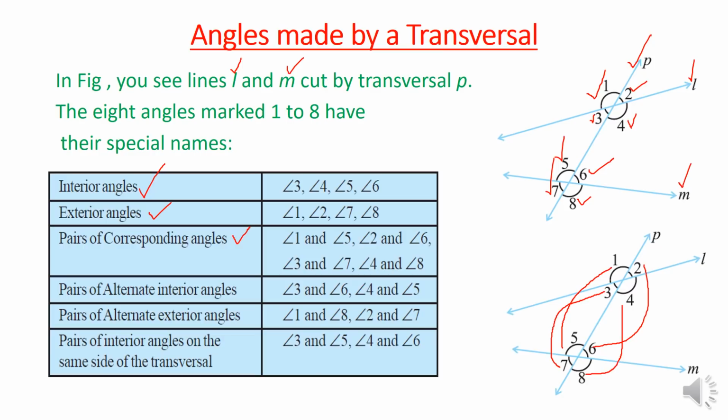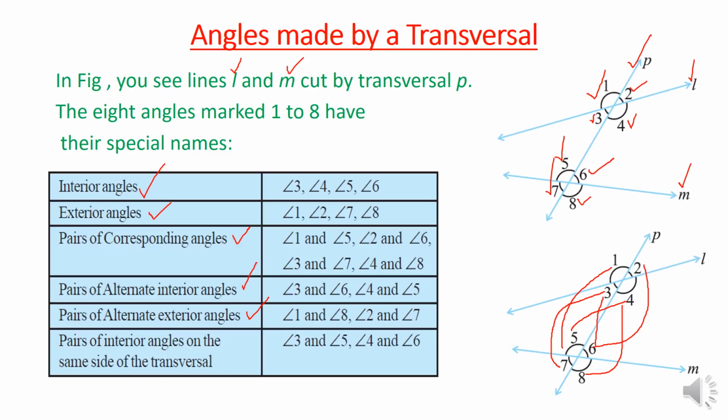Now, let us understand alternate interior angles. Alternate interior angles are 4 and 5, similarly 3 and 6. Now, what are alternate exterior angles? See here, 1 and 8.